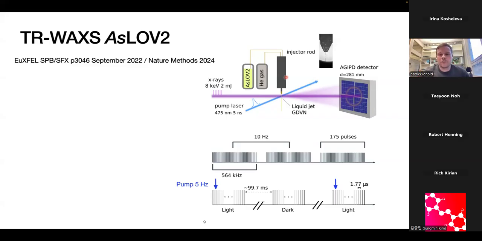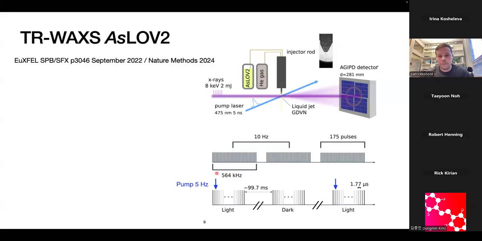Due to the unique nature of this detector, which is able to read out at very high frequencies, up to megahertz in fact, we decided to employ a unique illumination scheme. Instead of doing a traditional pump-probe where we probe at a fixed delay many times, we decided to use the strange bunch pulse structure of the European XFEL, where you have bunches of up to, say, 300 pulses at megahertz repetition rate, running at 10 hertz.